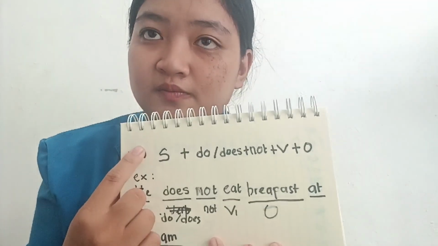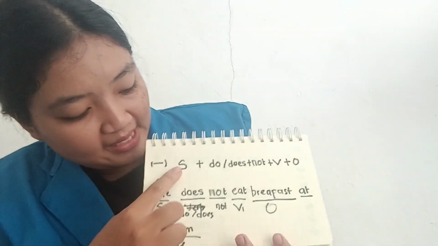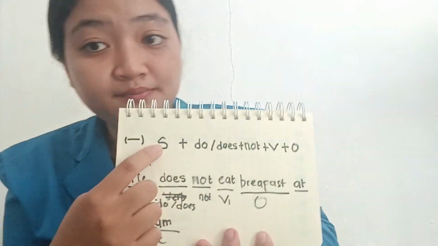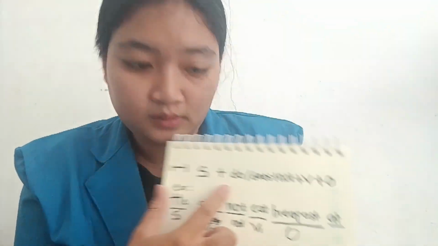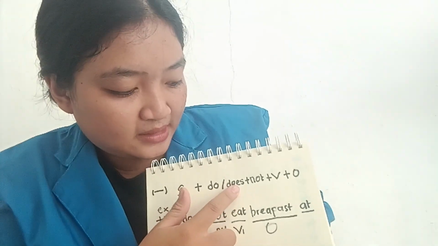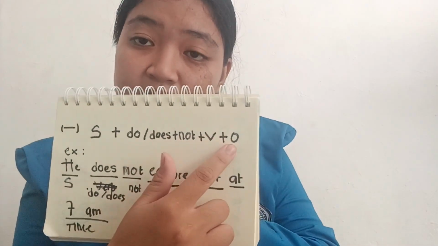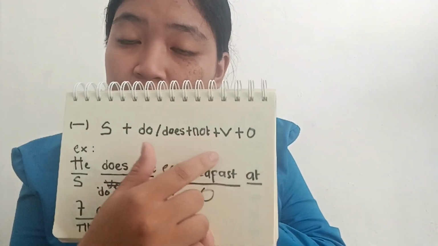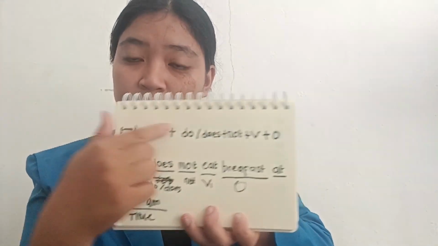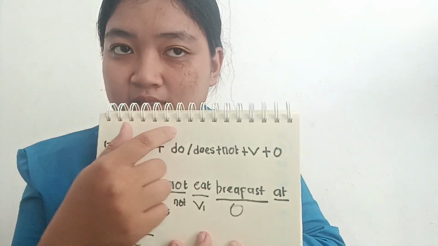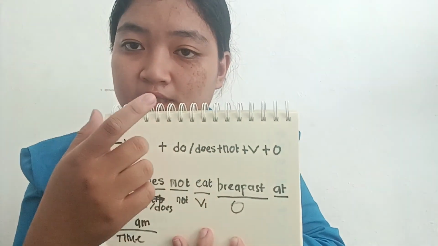Next, for negative tense verb, the formula is subject plus do or does plus not plus verb plus object. We use verb 1. For simple present tense, we use the verb 1.